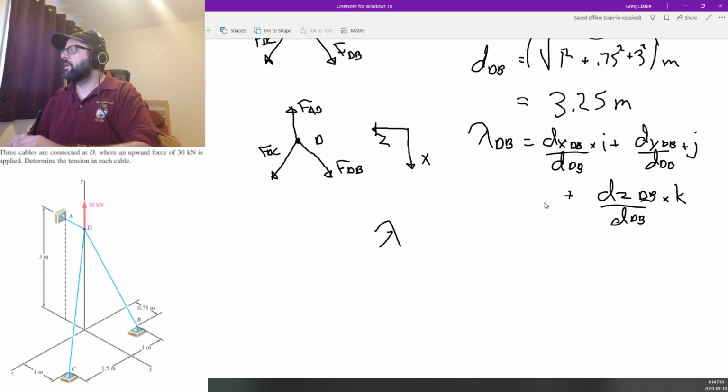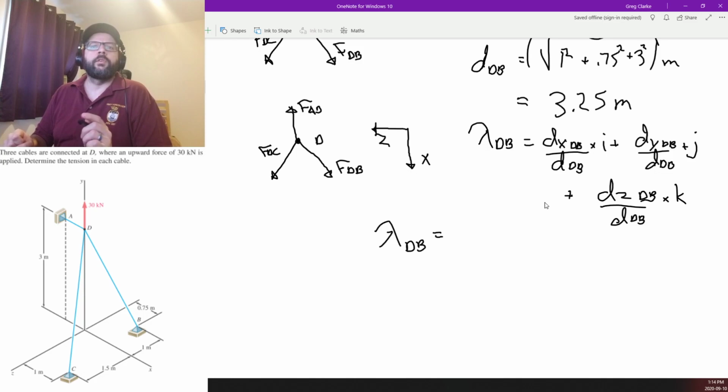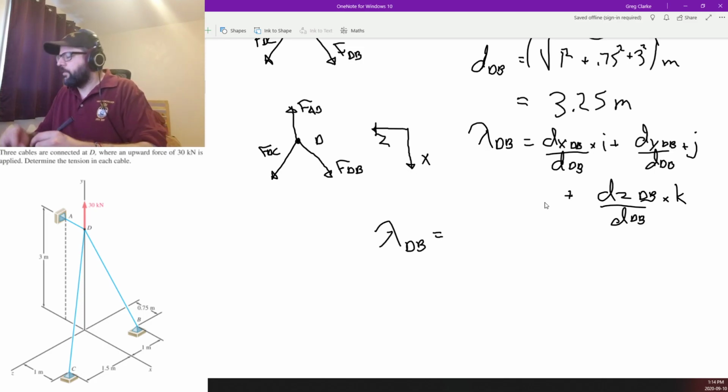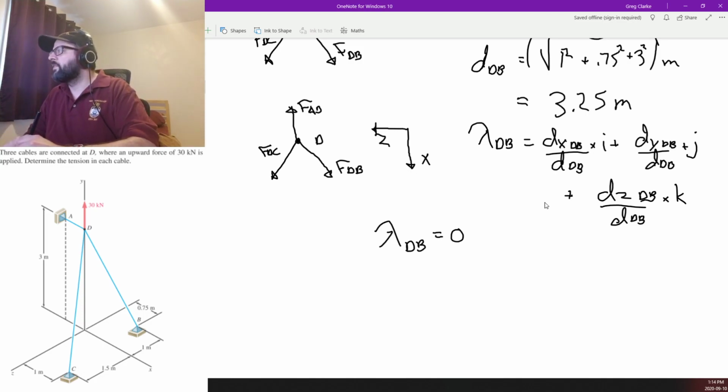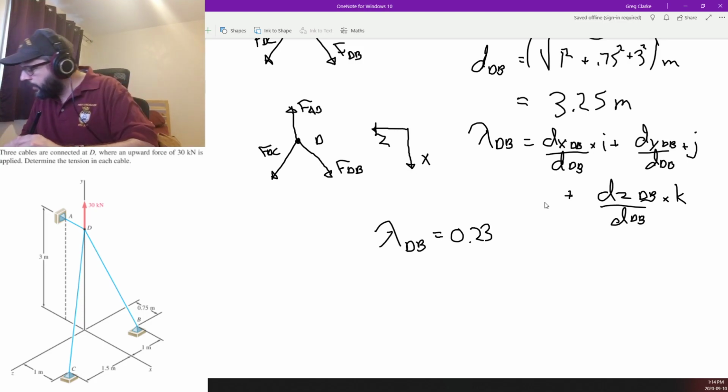So we've got our values here. The displacement in the x direction from D to B is 0.75. So 0.75 divided by 3.25 is going to be 0.231 I.